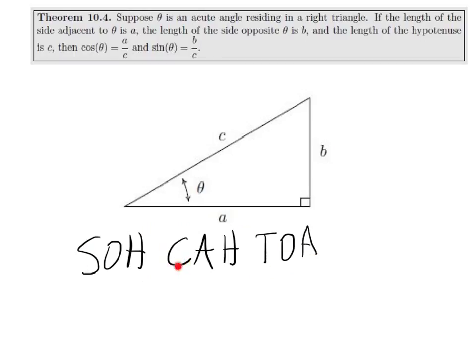This tells us that cosine is adjacent over hypotenuse. So here's theta. Cosine is adjacent, A, over hypotenuse, the longest side, C. That's this formula. And sine of this angle would be opposite over hypotenuse. That gives you these relationships in a much more convenient fashion. That completes the overview of this section.